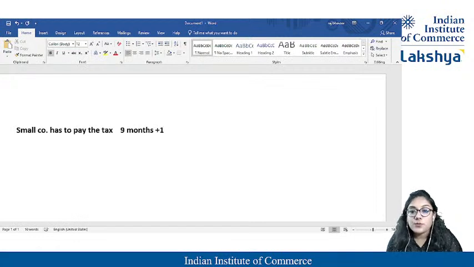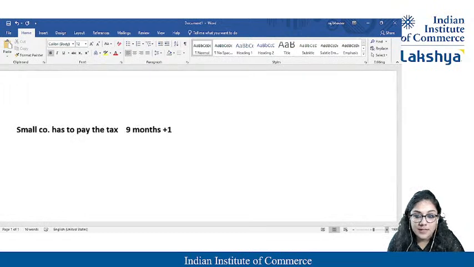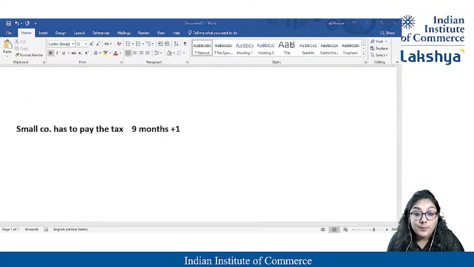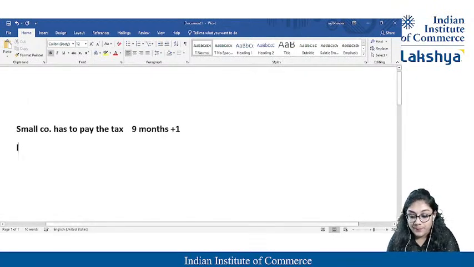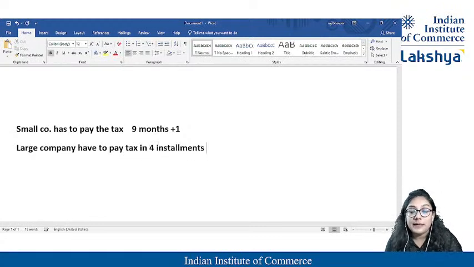Yeah, but students, if you remember, when I talk about large companies, large companies are supposed to pay the taxes in installments. So a large company has to pay in 4 installments.